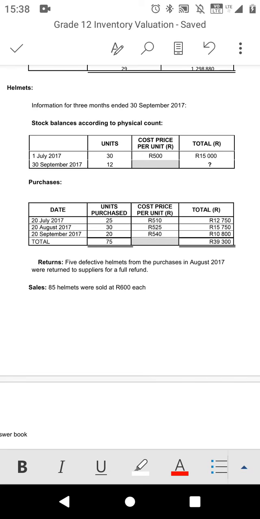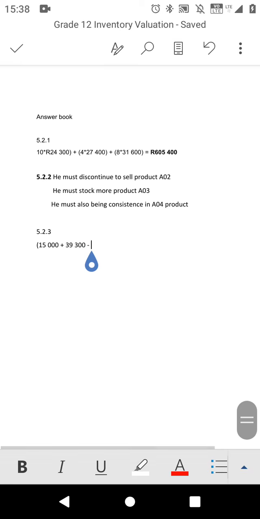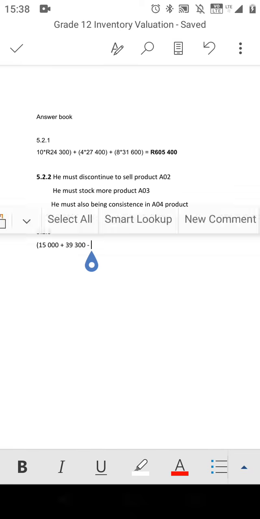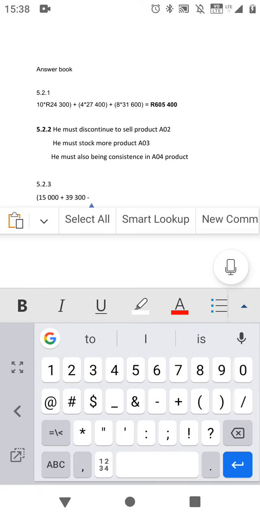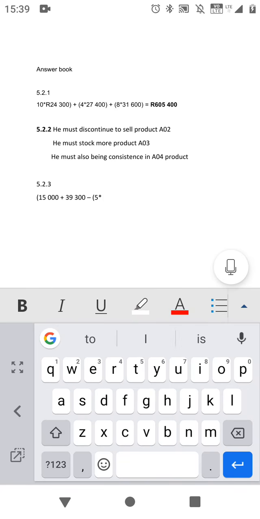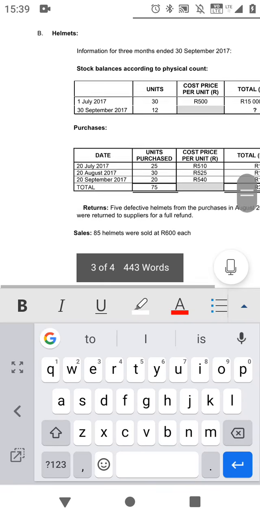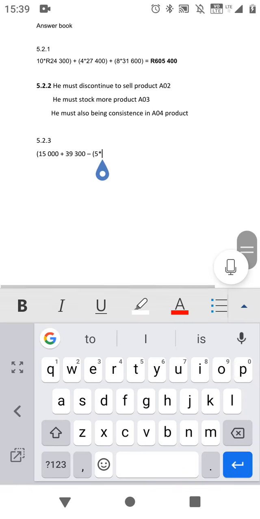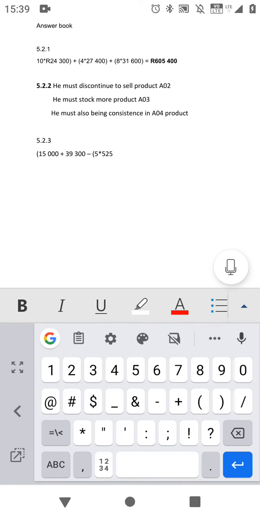We have to do that. Then you can just write the total of 5 multiplied by the price, 525, and then we close the brackets.